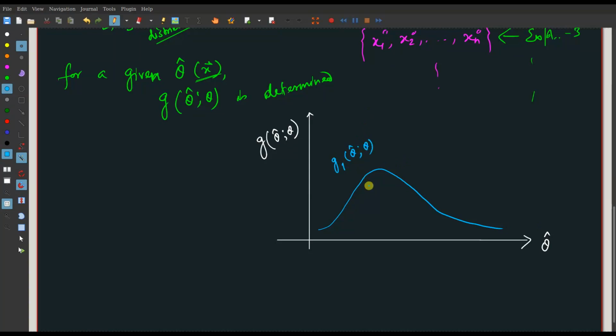So g1 means for a particular choice of this theta hat I have this distribution. For another choice, if somebody chooses something else, then that person might have a distribution like this. Let's say this is g2 of theta hat given theta, for the choice of a different estimator for theta. So you will get different sampling distributions depending on the functional form of this estimator.